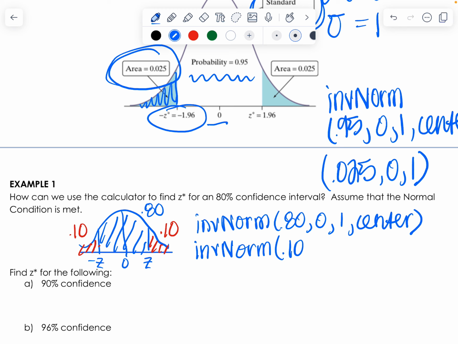So you would say 0.10. And now I'm going to punch that in my calculator. And I get -1.28 and positive 1.28. So this would be plus or minus 1.28 as my critical value.